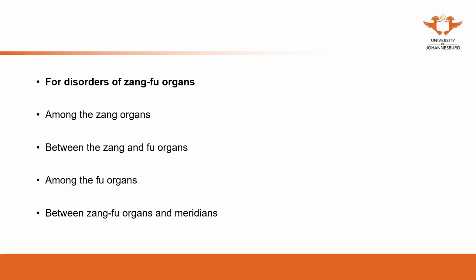And for the disorder of 脏腑 organs, you can refer back to the 脏腑 relationship when we studied the 脏象 theory. Previously, we had 1 or 2 videos that discuss the relationship among different organs. The disorders of these organs are mostly related to their functions, such as the lung and the heart. What's the physiological function of these two?